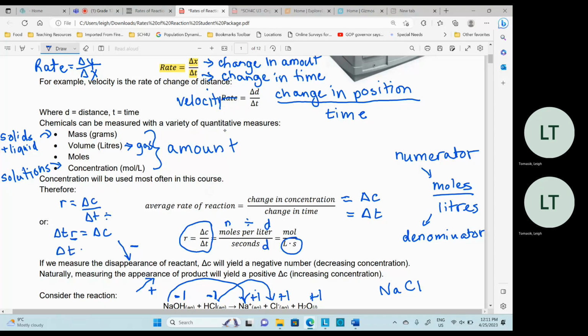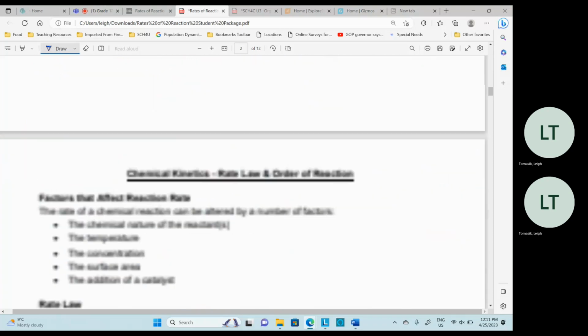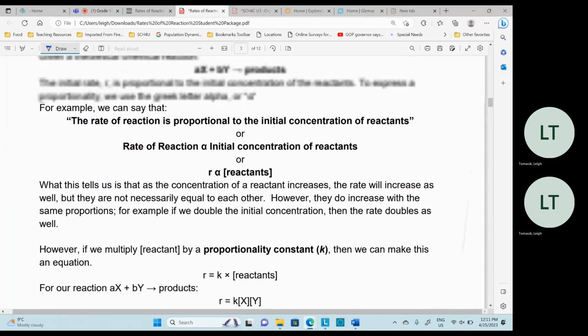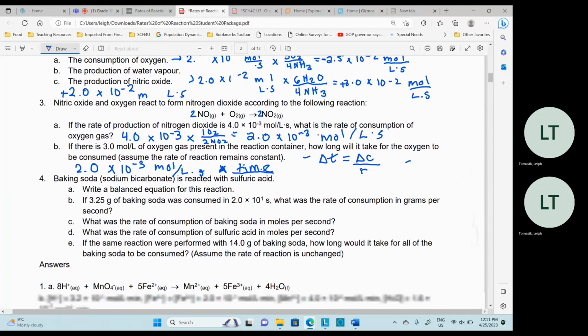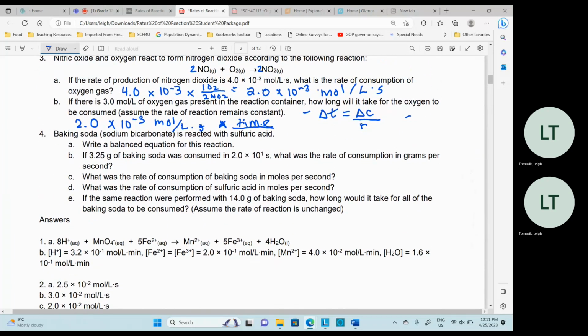Delta T is equal to delta C divided by R. Maybe that might be a little bit helpful in understanding this.